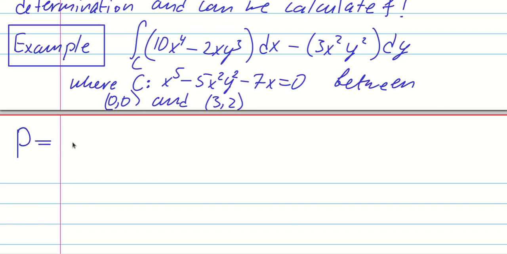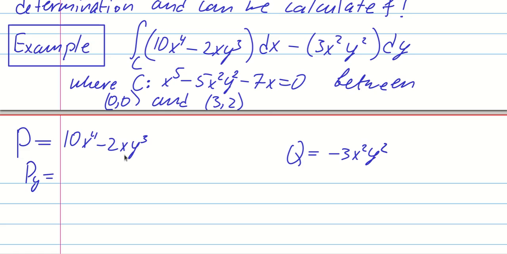We know that P is the part in front of dx, which is 10x^4 minus 2xy^3, and Q is in front of dy, so it's negative 3x^2y^2. Then the partial with respect to y will be negative 2 times 3, so it's negative 6xy^2, and the partial of Q with respect to x will be negative 6xy^2.